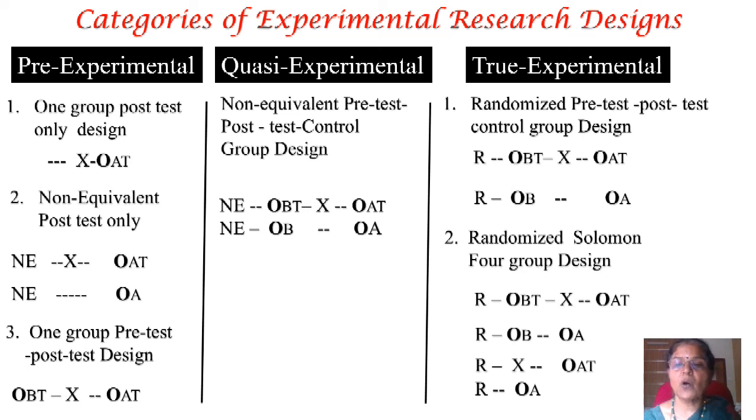The efficiency of the experiment increases starting from pre-experimental to true experimental. So in between is the quasi-experimental. Only one condition is missing in quasi-experimental. And in pre-experimental, two conditions will be missing. But in true experimental design, all the three conditions will be met there. So there you see an increasing order of robustness in these three different types of the research designs.